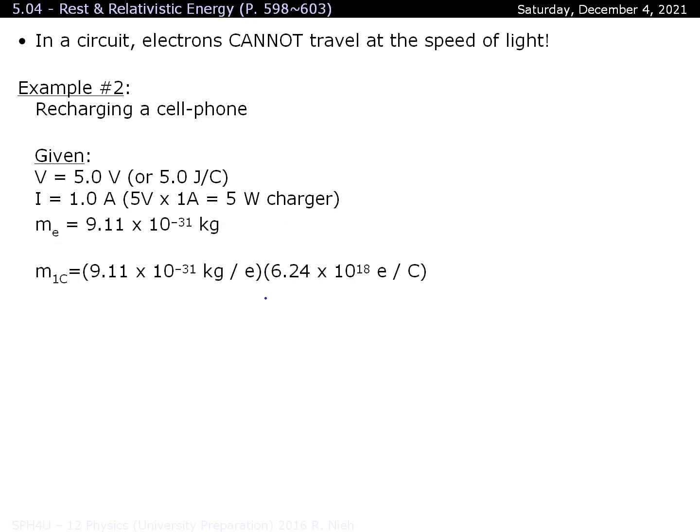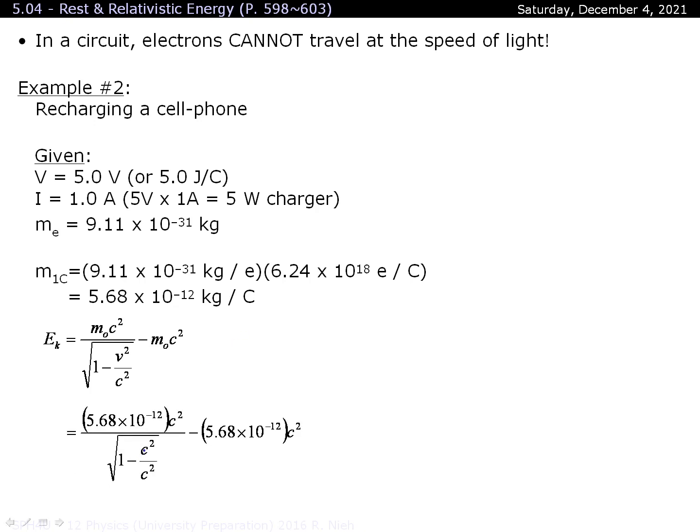We know the mass of an electron, and if we sub it into this formula over here and let the electron travel at the speed of light, we end up getting c squared over c squared, which goes to 1. 1 subtract 1 gives you 0. The root of 0 gives you 0. And any number divided by 0 gets out of control, and you'll approach infinity for your calculations. That can't make any sense.